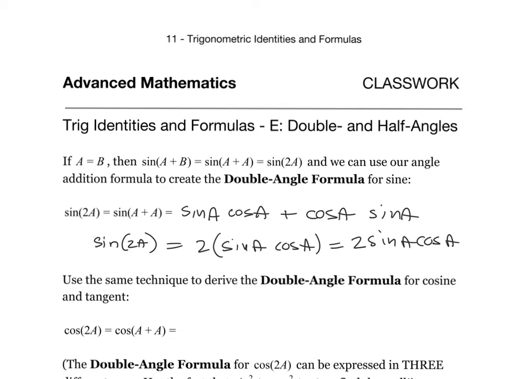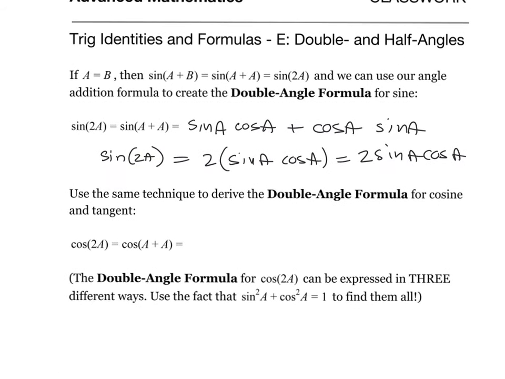So that was easy. Let's try doing it for cosine. The cosine angle sum formula is cosine, cosine, sine, sine, with the extra sign used to remind you that the sign of this operation is opposite what it's shown here.